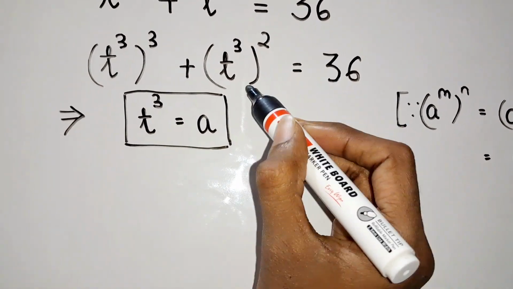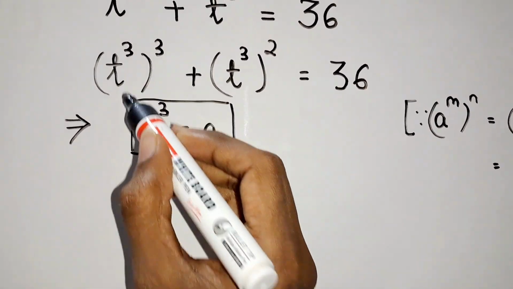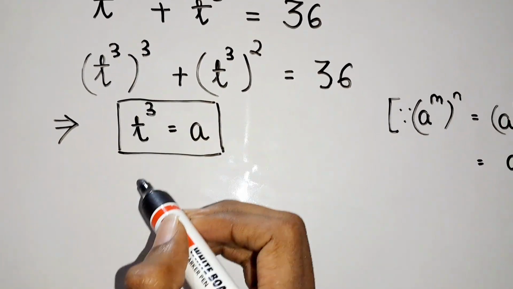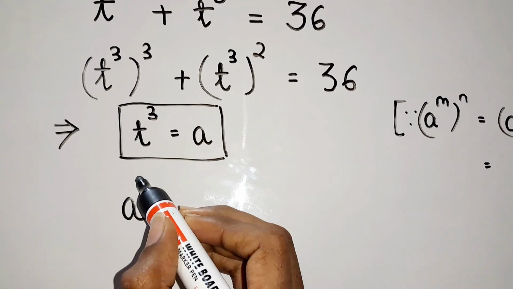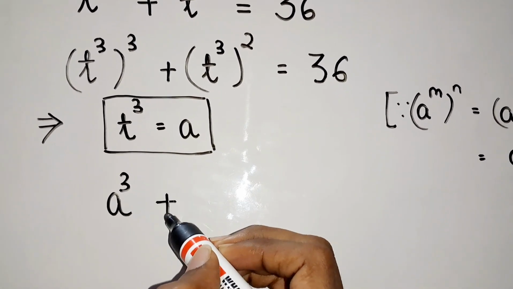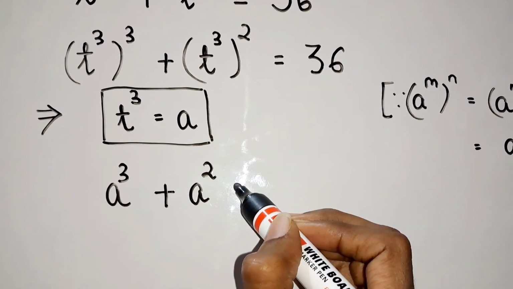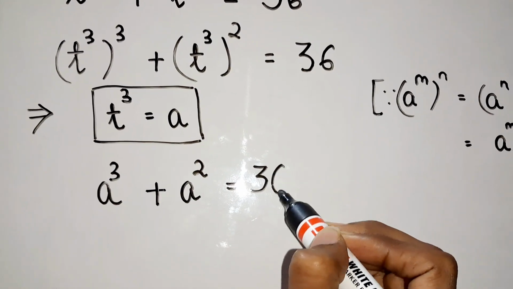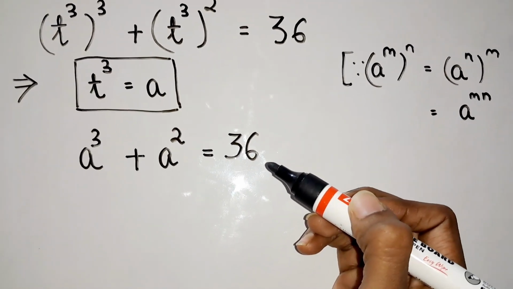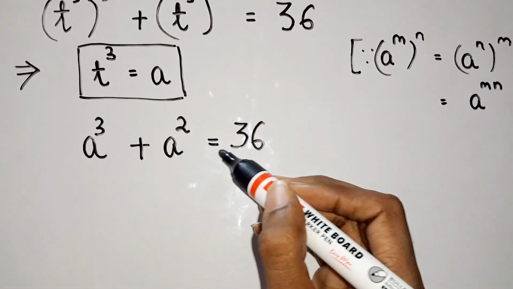Then this equation gets converted to a to the power 3 plus a to the power 2 equals 36 as it is. So now our main problem is to solve this equation.